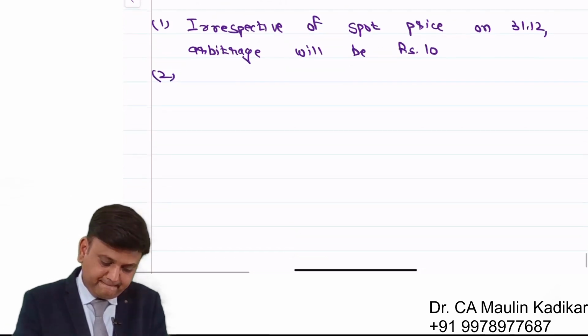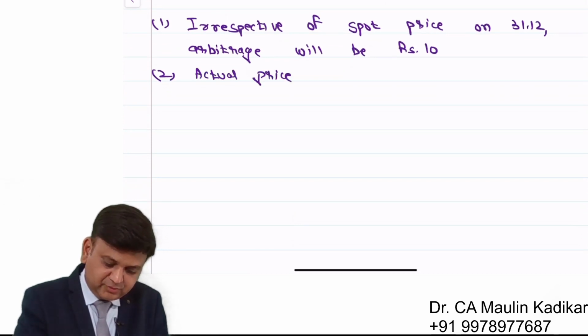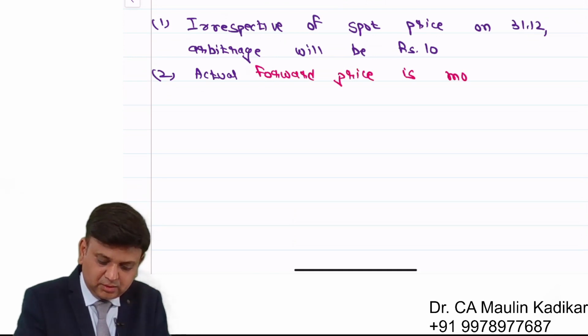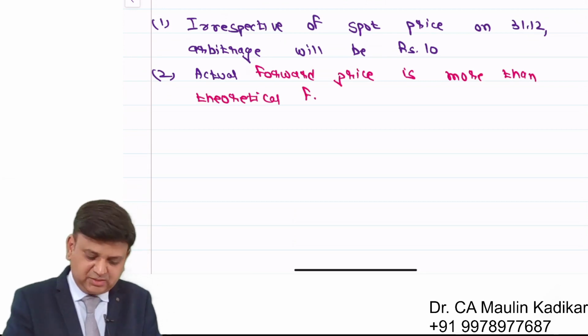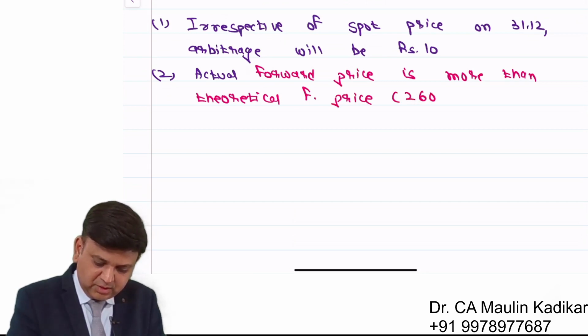Second, actual forward price, I'm sorry, actual forward price is more than theoretical forward price or futures price. 260 is greater than 250.